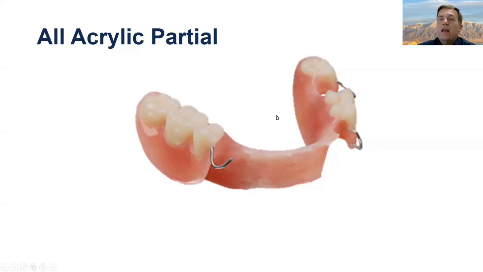But as this technology continues to move, I think we'll see jet printing like that becoming more and more popular, especially because you can print polychromatic teeth, and once the nesting software gets updated, polychromatic bases.